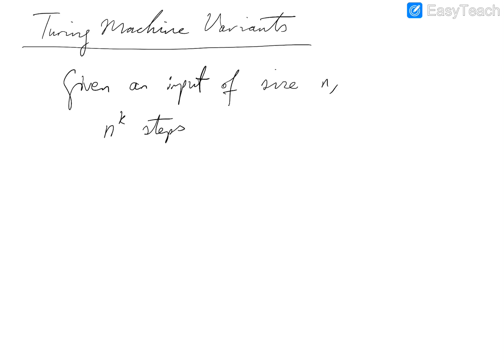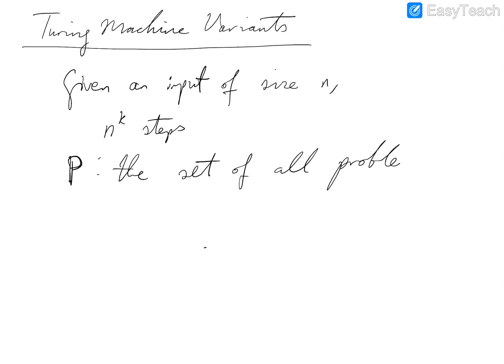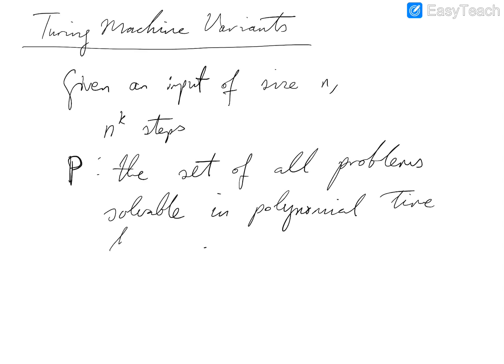Okay, and let's denote the class of all problems that are solvable in polynomial time by this boldface P. So P denotes the set of all problems solvable in polynomial time by a deterministic Turing machine.